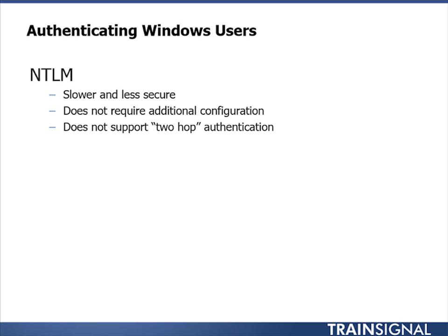And as a result, it's slower and less secure. However, the big advantage that NTLM offers us is that it does not require any additional configuration. That my token is just simply passed into SharePoint, and then away we go from there.